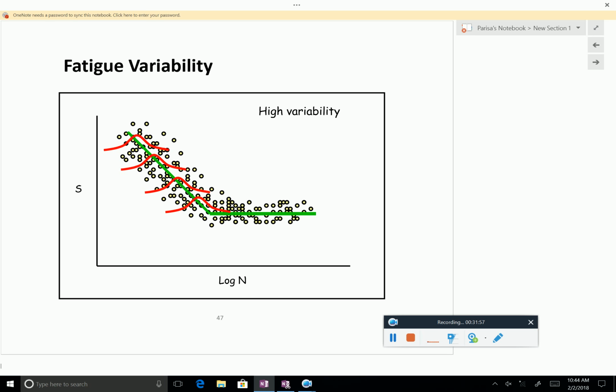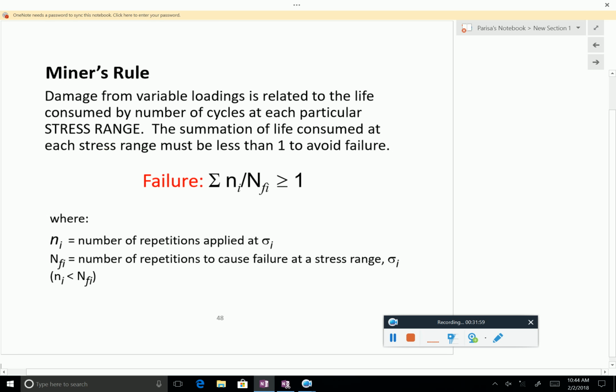One question that may arise is, what if you have different levels of stress at different repetition rates? What if, for example, you want to design a girder and you have trucks of different kinds, each one of them associated with a certain level of stress and a certain number of repetitions? How do you design for fatigue control?